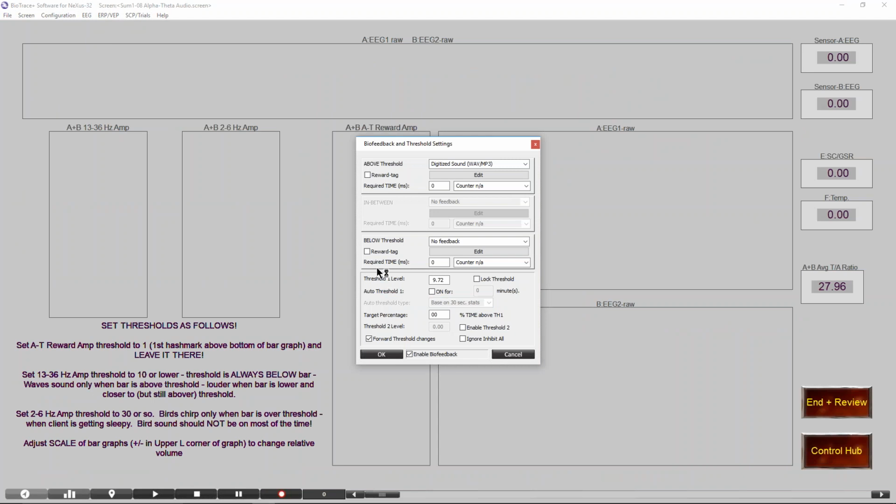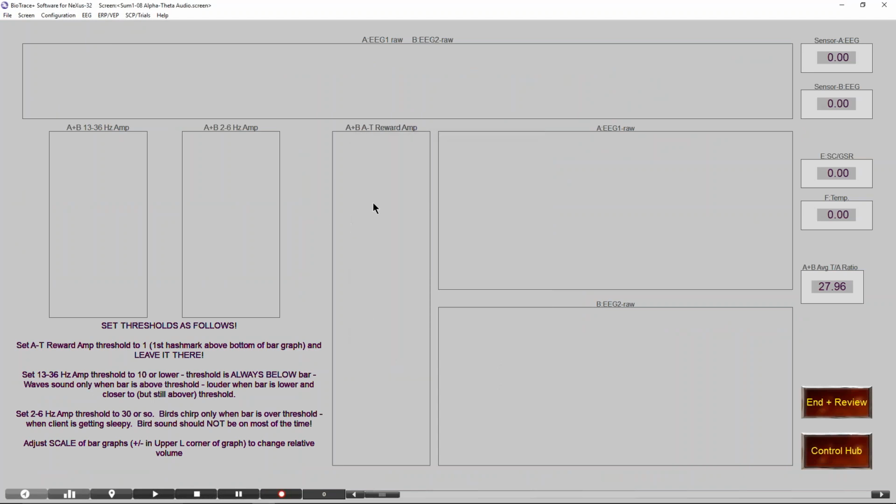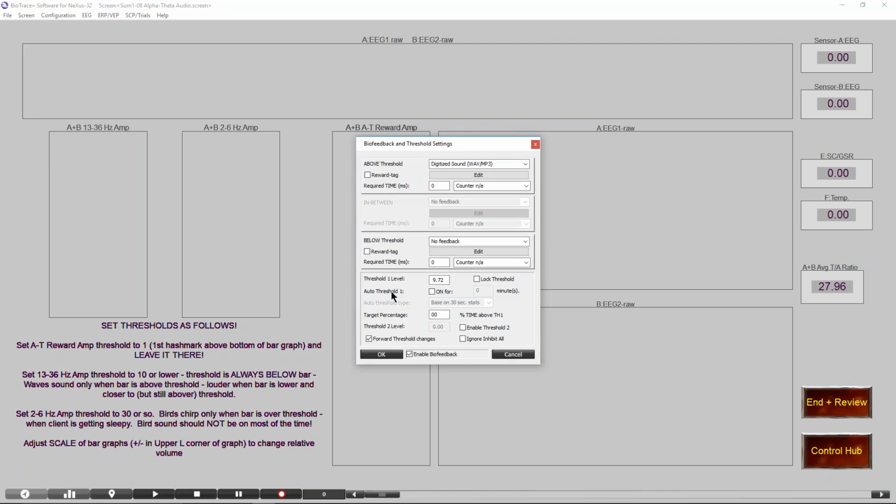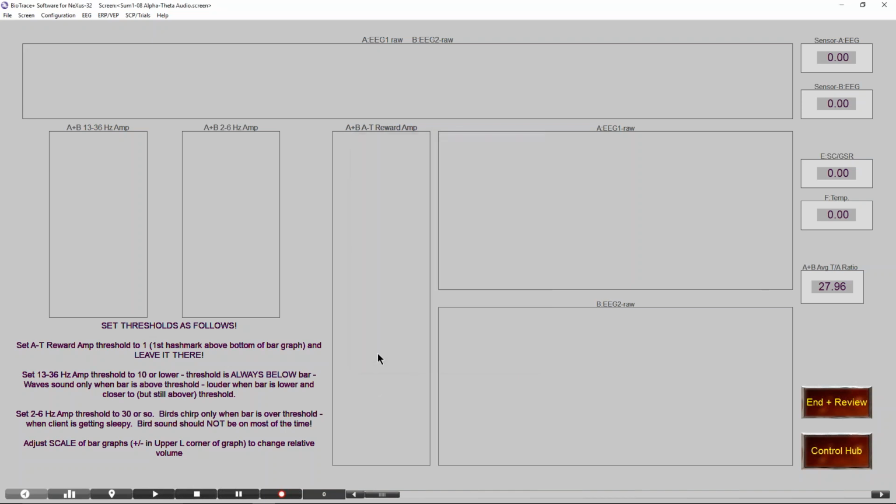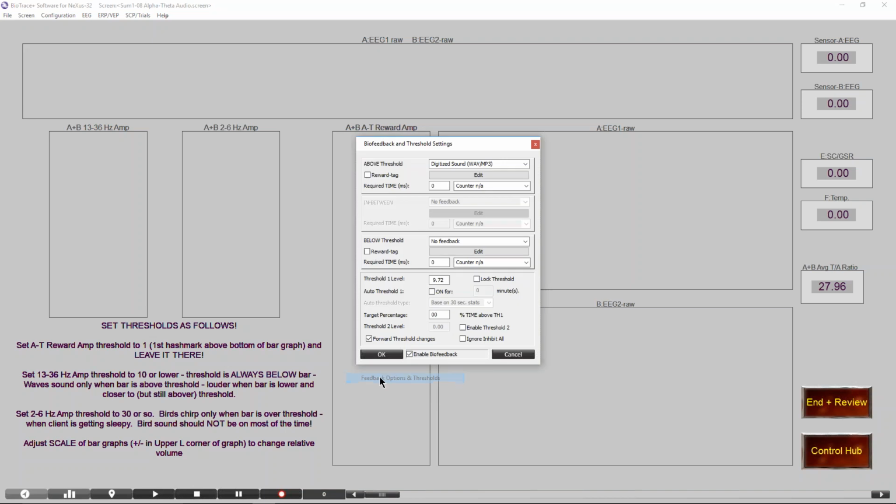Proportional feedback. Everything, of course, is accessed by a right click. You have a bar graph that represents something, in this case the 2-channel alpha theta reward amplitude channel, and then you want to reward it with some sort of feedback. So you right click and click on feedback options and thresholds.